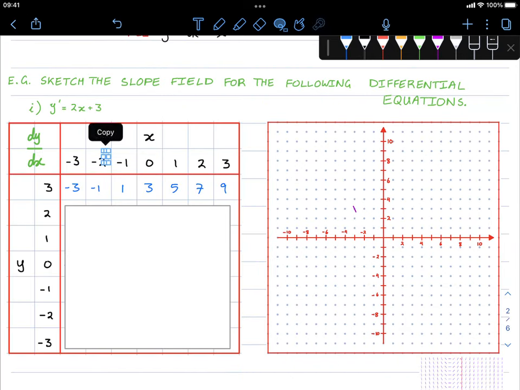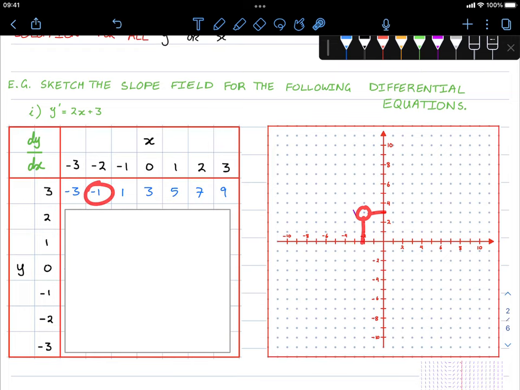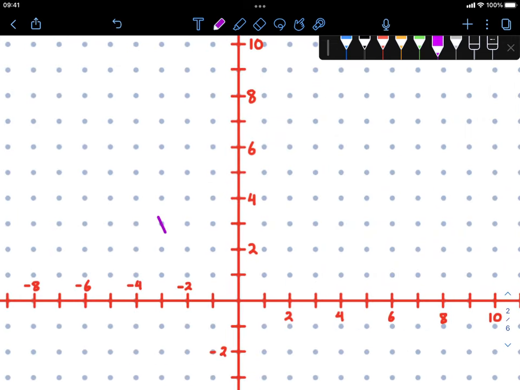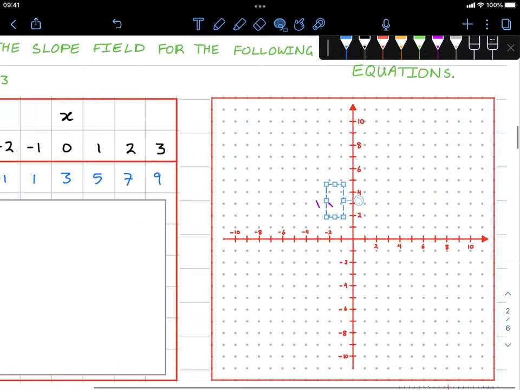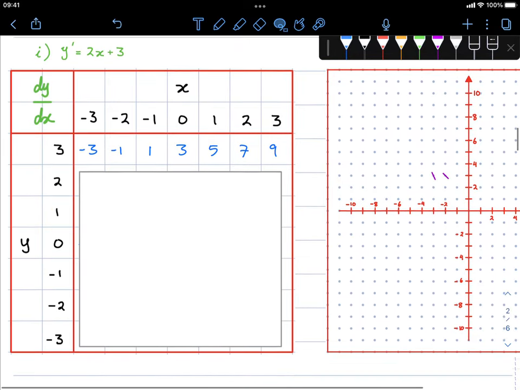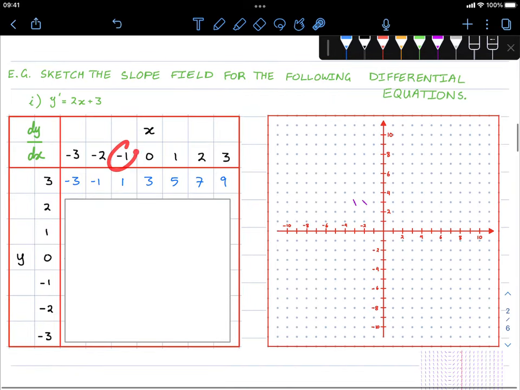At the point negative 2, 3, we have a gradient of negative 1. So sketching that, it would be something like this. Then we keep going. At negative 1, 3, we have a gradient of 1.